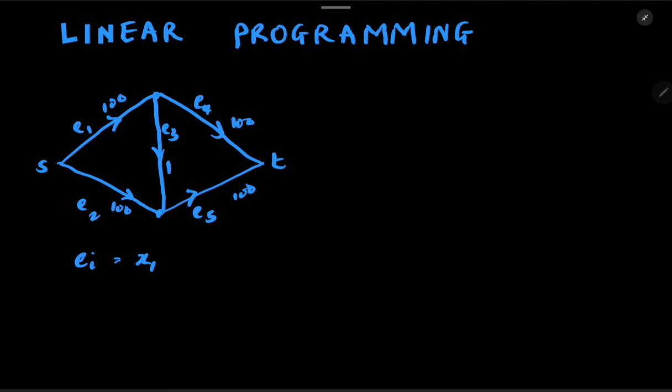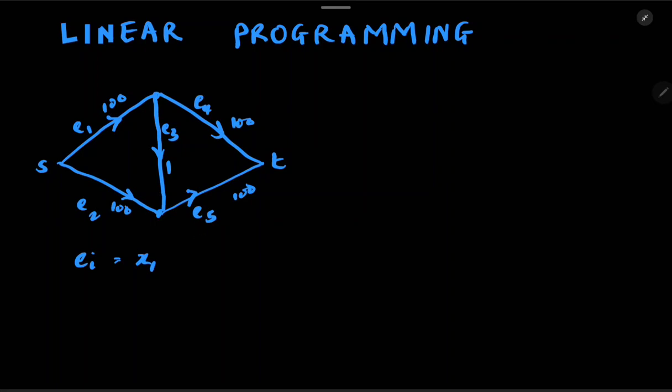So first of all, we want to set up an objective function. What is the objective for a network flow problem? The objective is to send the most capacity to the sink, right? So that means we want to maximize x4 and x5.